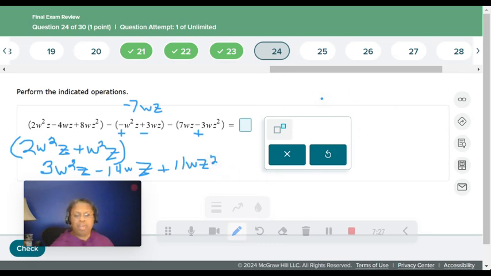So I'm going to write that over here. We have 3W squared Z minus 14WZ plus 11WZ squared.